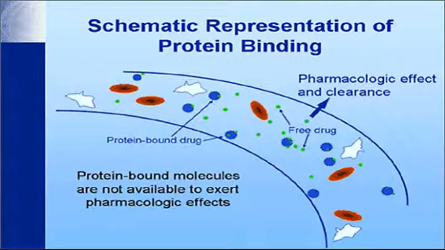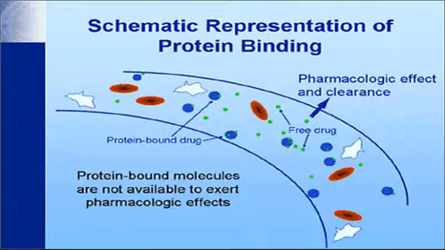Why is this important? Well, who would have a low protein, a low albumin? You check your protein level with your albumin levels in your serum, your blood work. So a low protein, malnourished person and the elderly tend to have low albumins.